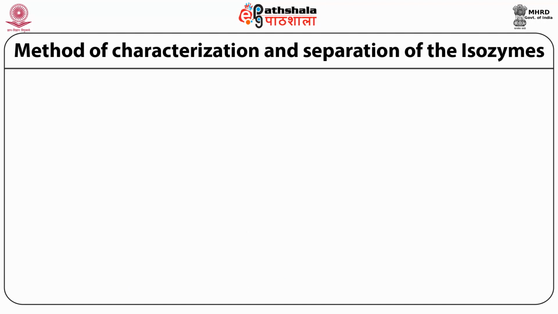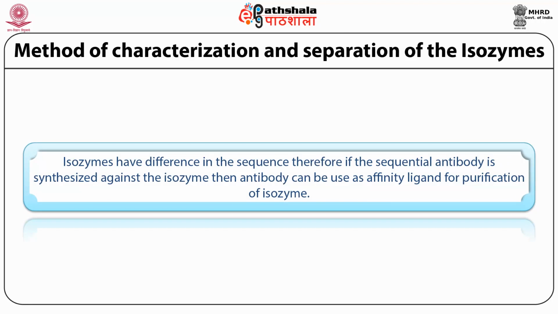Isozymes can be easily purified by using affinity ligands. As you know, affinity purification is the best method for separation of two different molecules, and isozymes differ in their sequences. Therefore, if we generate a sequence-specific antibody, it can be used as a ligand in affinity purification, and that ligand helps to purify the isozyme.